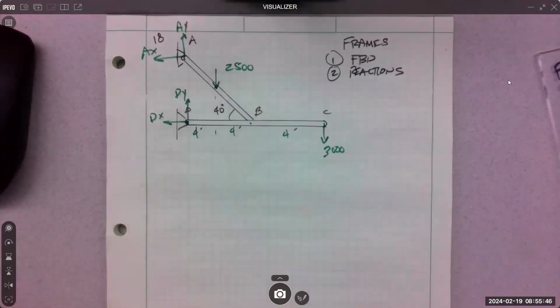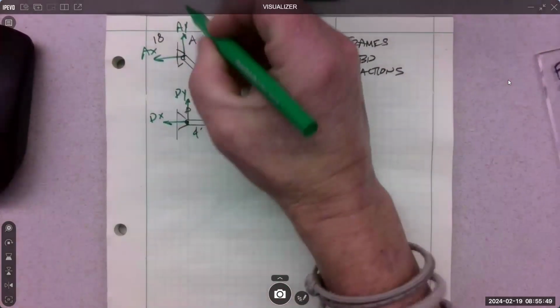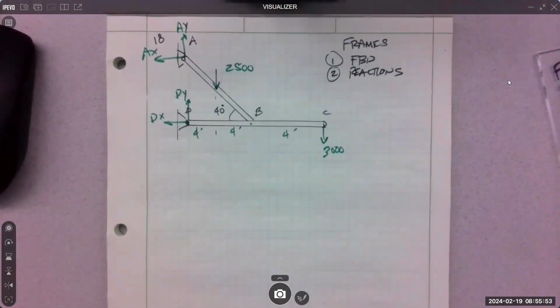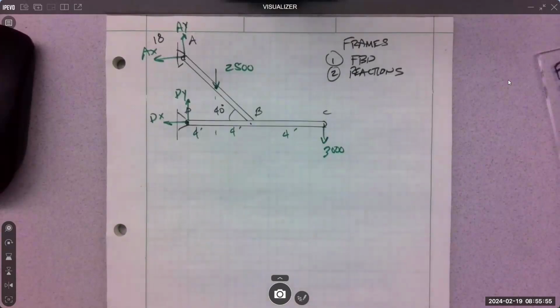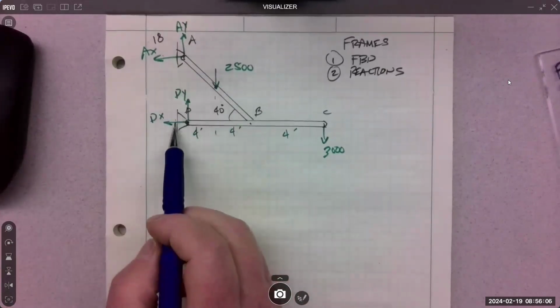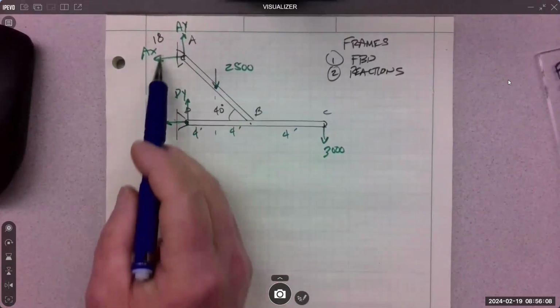Can we get the X's? The Y's? No, cannot get the Y's. Agreed. We can get the X's though, right? How do we do that? We have A_X and D_X. How can we get these?